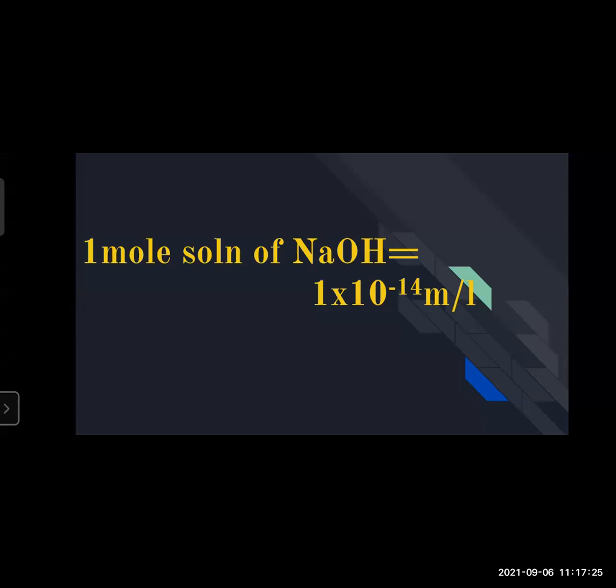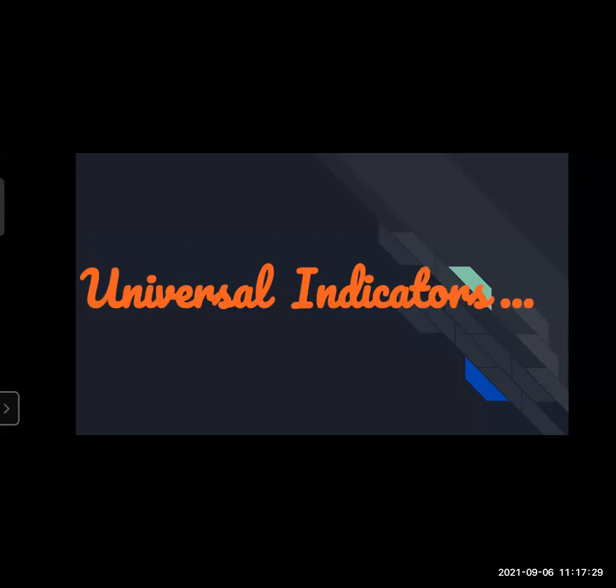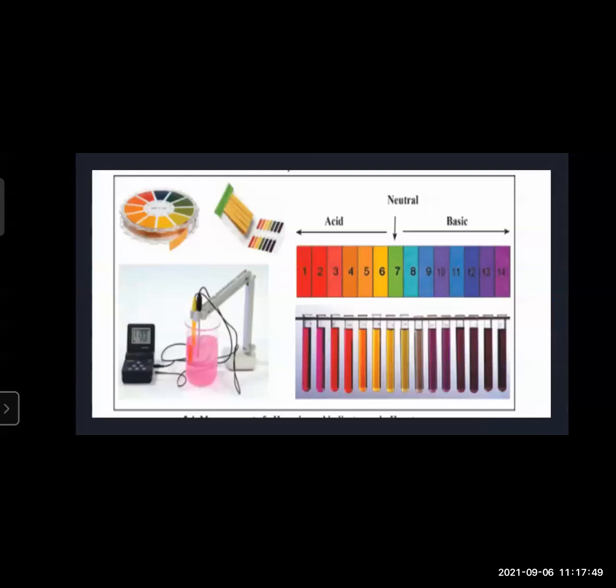The pH scale extends from 0 to 14, as I will be showing you. According to this scale, pure water has a pH of 7, meaning pure water has H plus of 1 into 10 to the power of minus 7 moles per liter. pH 7 indicates a neutral solution. You will see it here, taken from your textbook.